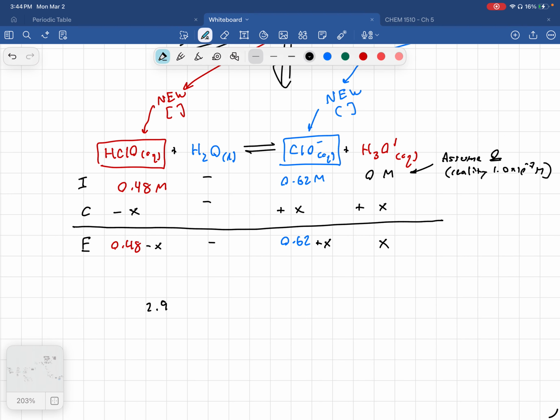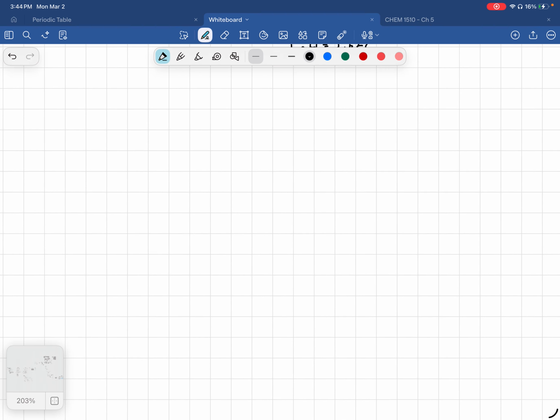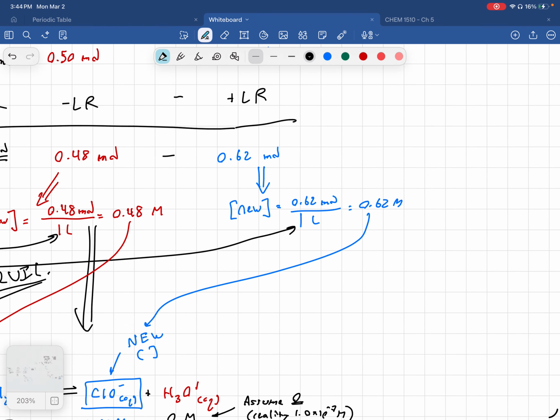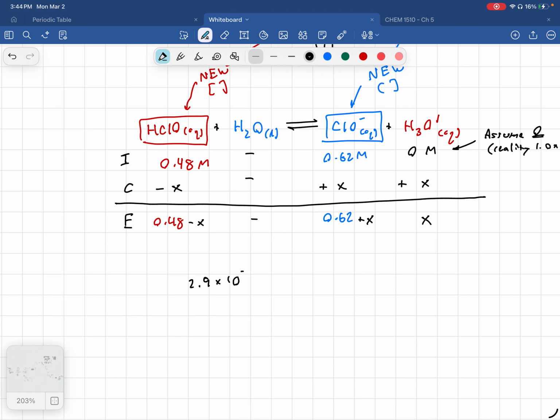So I'm just going to shortcut this. 2.9 times 10. Is it 2.9 or is it 2.7? It is, yeah, 2.9 times 10 to the negative 8th. And so the test is going to work, that plus and minus x can be ignored. And so again, x, which is the H3O plus concentration, is going to be based on these concentrations because, as I said, adding OH minus or H3O plus to a buffer, all it really does is cause the concentration of the conjugate pair to shift, the ratio to shift, and that's what's happened here.